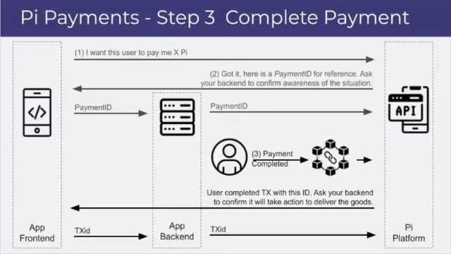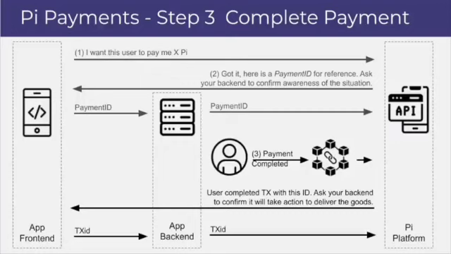And that is all handled by the Pi wallet and the platform, and none of it is the responsibility of the developer. Now, what happens is the Pi platform is going to return the blockchain transaction ID to the app's front end. And this is all happening on the front end side, part of the reason being, as we said earlier, the user's passphrase never leaves their phone and never leaves their wallet app for obvious security reasons.